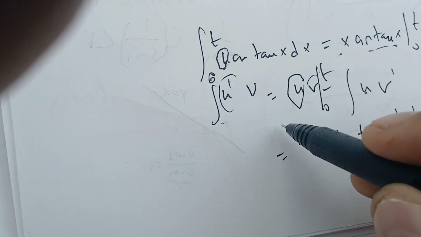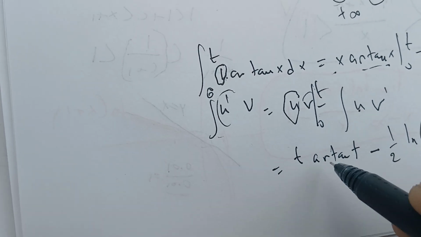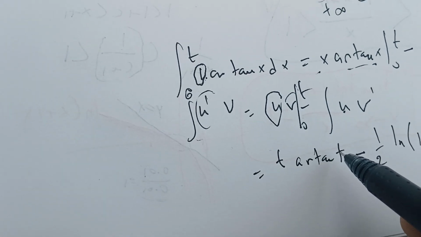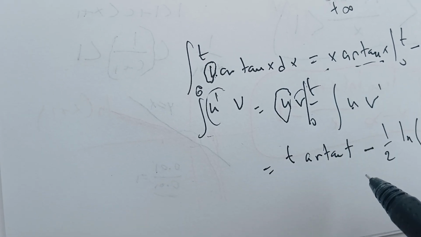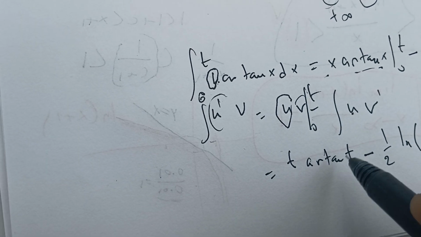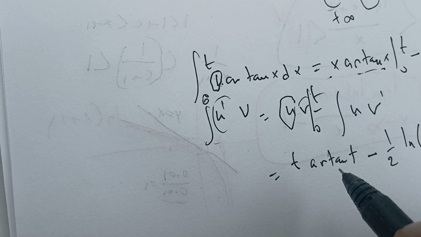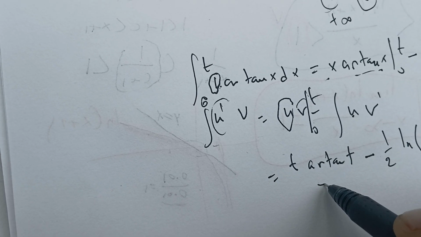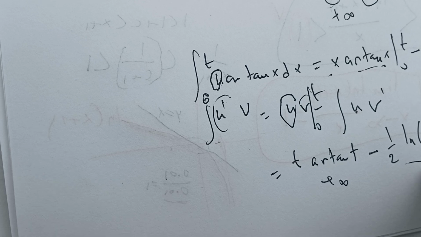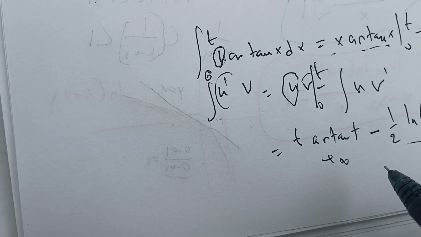And when we do that, we take the limit when t goes to infinity. The only issue that we have is that this is infinity and this is infinity. So we need to get rid of this issue.